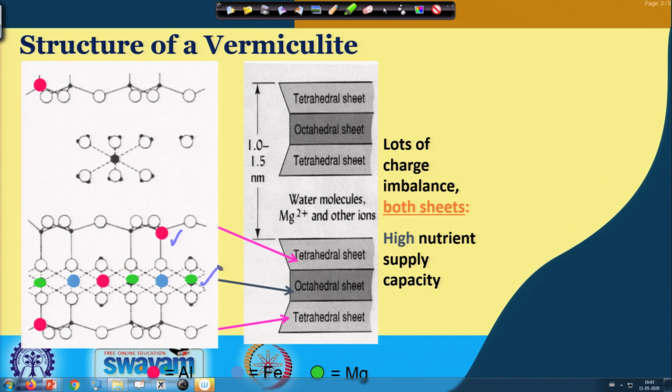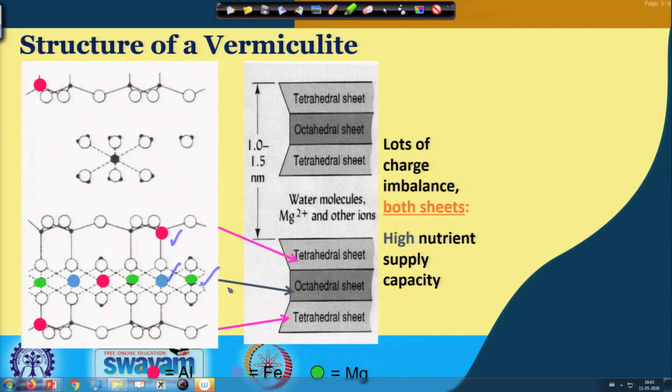You can see in the tetrahedral sheet silica gets replaced by aluminum, whereas in the octahedral sheet aluminum gets replaced by magnesium as well as iron. Irons are denoted by these blue dots, whereas green dots are magnesium. As a result, you can see in both the sheets, octahedral sheet and tetrahedral sheet, the isomorphous substitution going on.